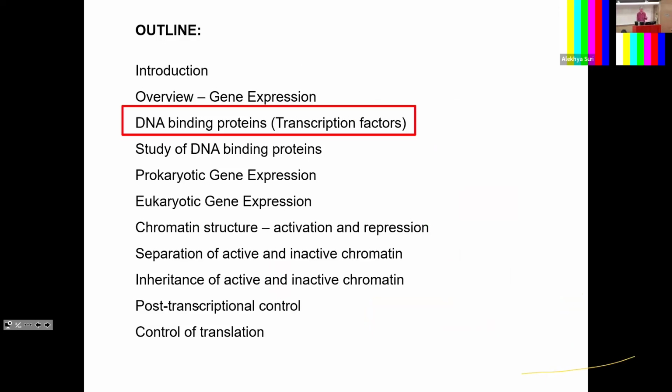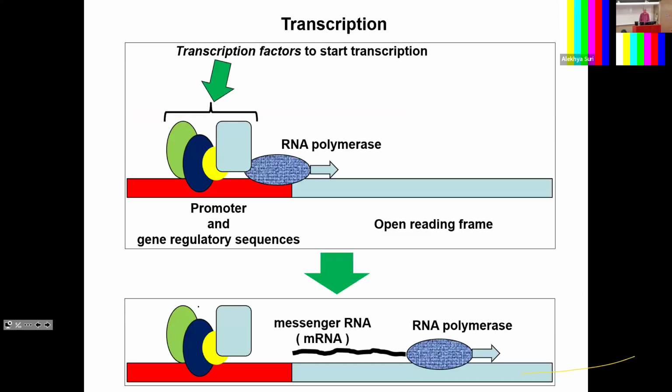We go to the DNA binding proteins. These are proteins such as transcription factors. This is a model of how transcription occurs. We have an RNA polymerase that moves along the DNA and is responsible for the transcription, for the formation of the RNA strand.